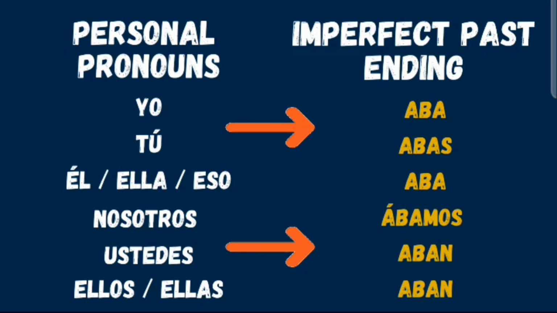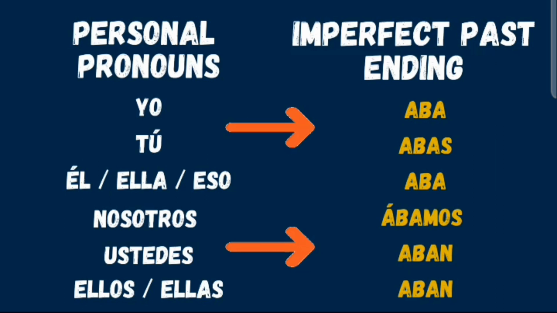In Spanish, the personal pronoun I is yo. If you have this personal pronoun, then the ending of your verb in the imperfect past has to be -aba. Remember from the previous lesson, we have a root word, the part of the verb that is not changing.